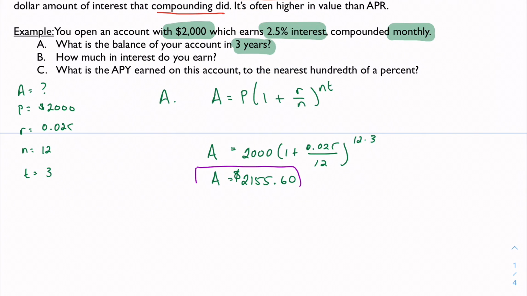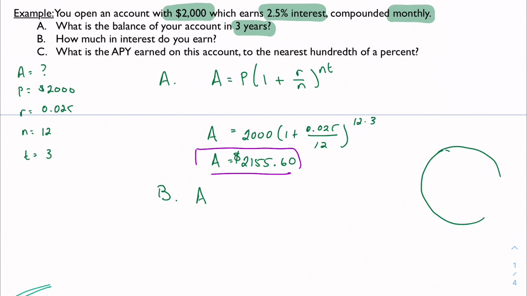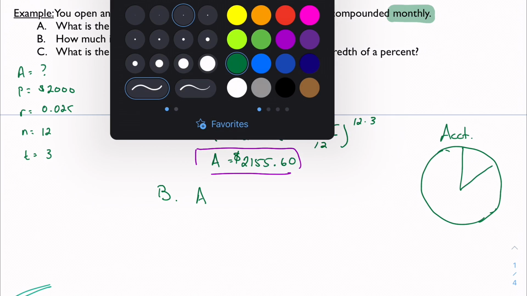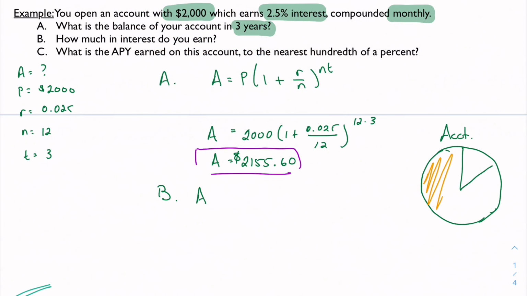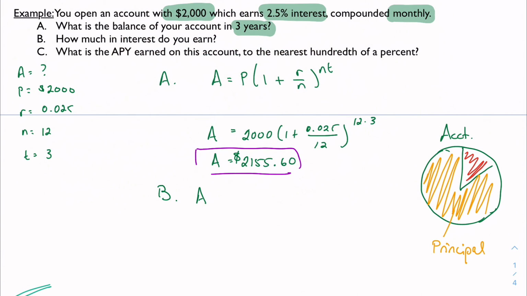Here is my account balance. How much in interest do you earn? Well, we've kind of talked about this in the last section when we did simple interest. Right, here's my entire account balance. Well, that's made up of two things, right? That's made up in part of principal, and it's made up in part of interest.